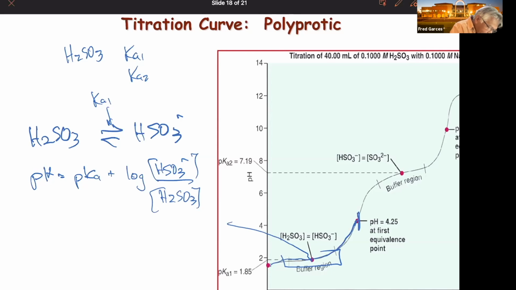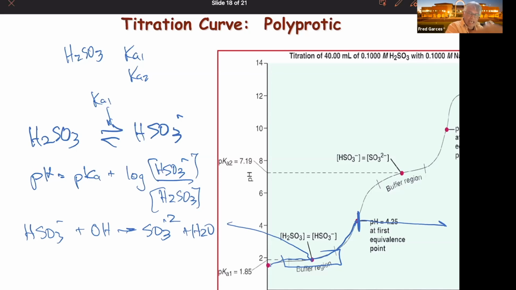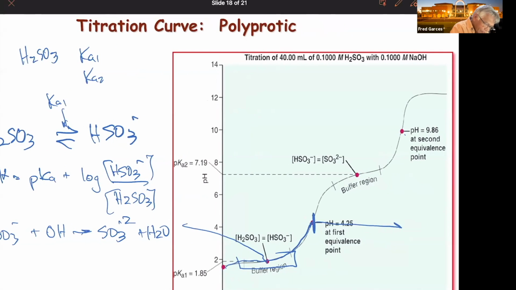Now, from this point on, what you have is HSO3 minus reacting with a base, hydroxide, and that's going to convert over to SO3 2 minus plus water. That's the titration process in that second stage. Now, what happens at the equivalence point way over here, that's where the HSO3 minus has been completely converted to SO3 2 minus.